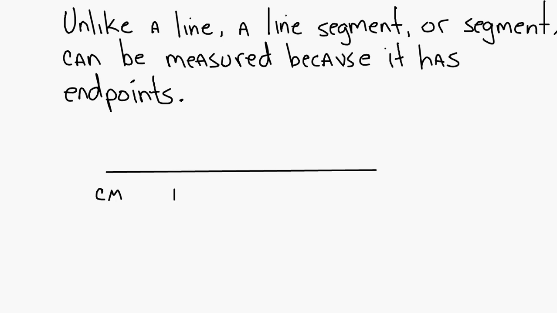This is your ruler. And then you're given a segment. See, they've done all the work for you. They put the ruler up to the segment, they lined it up, they did everything.